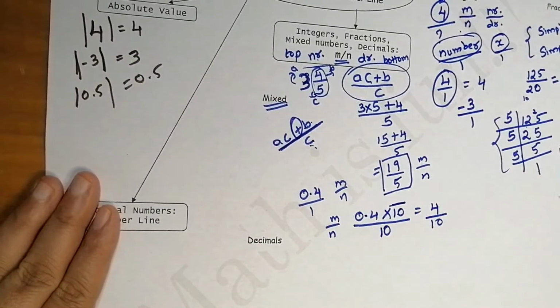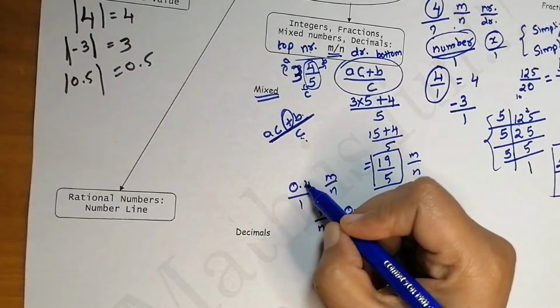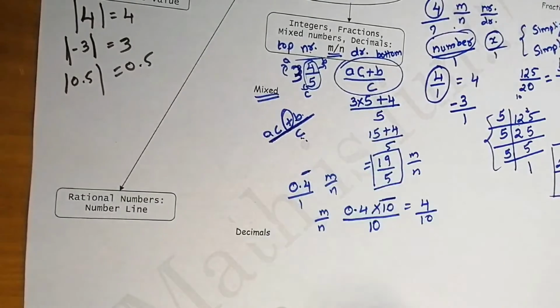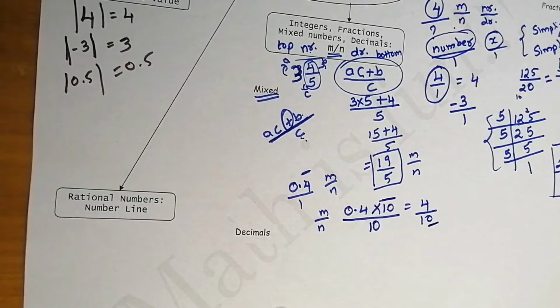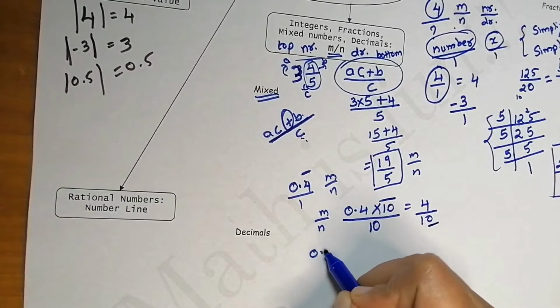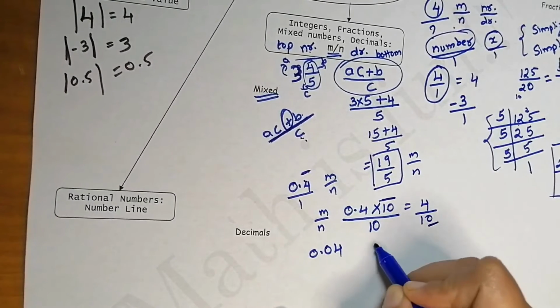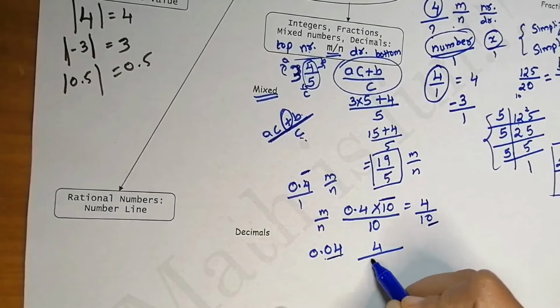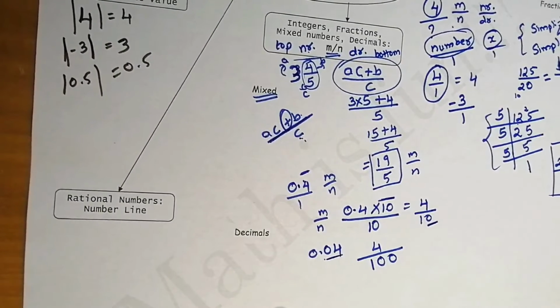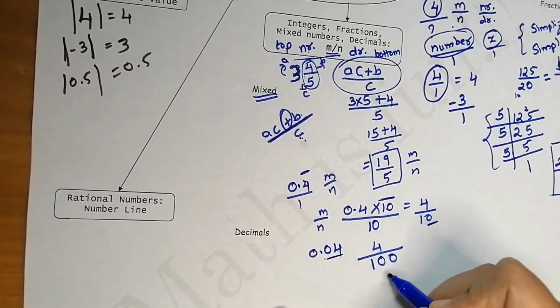So that's it. Or the other way is, how many decimal digits do you have after the decimal point? 1, right? So it's 1 0 here. So if it was 0.04, you write 4, and you see how many digits? 2 digits. So 1 0 0. Okay, so either this way or this way.